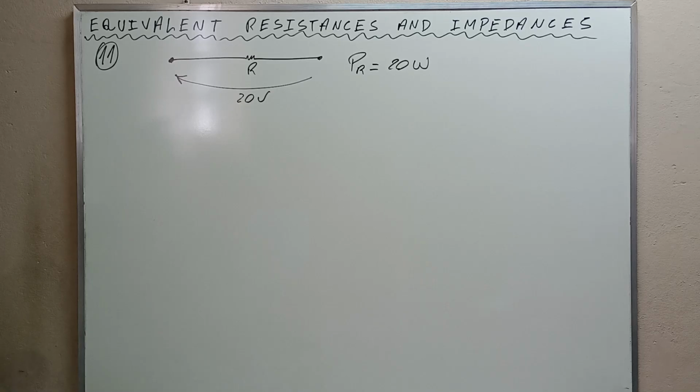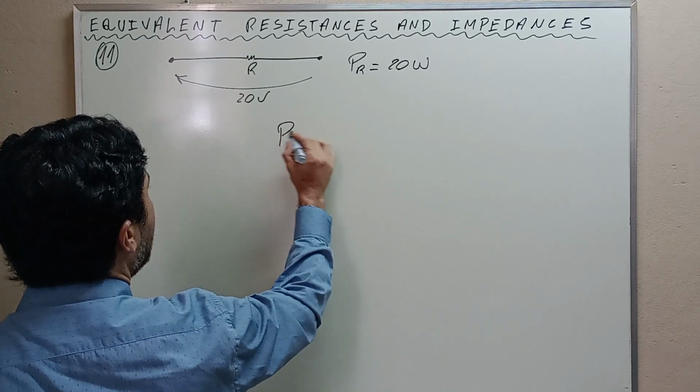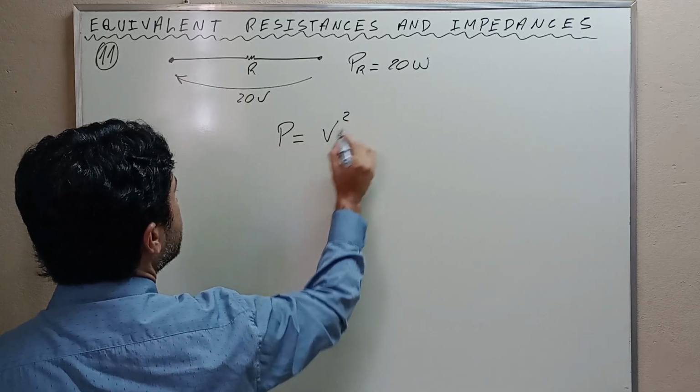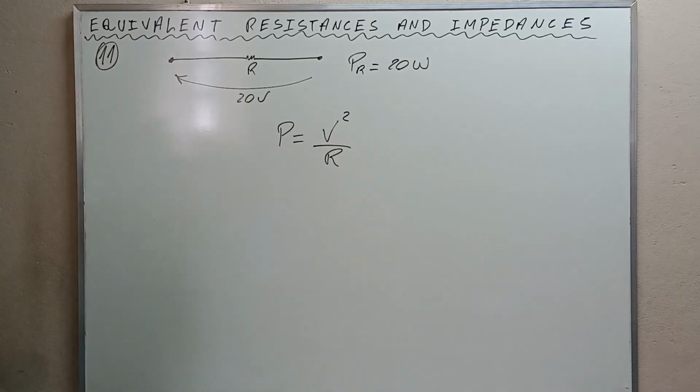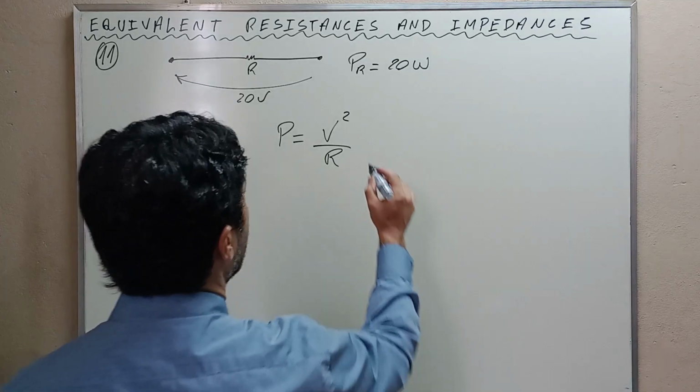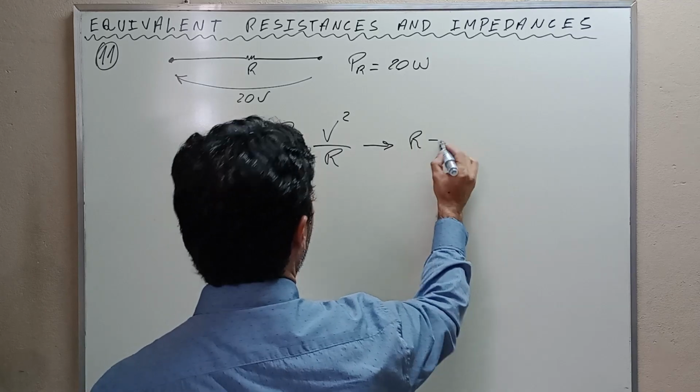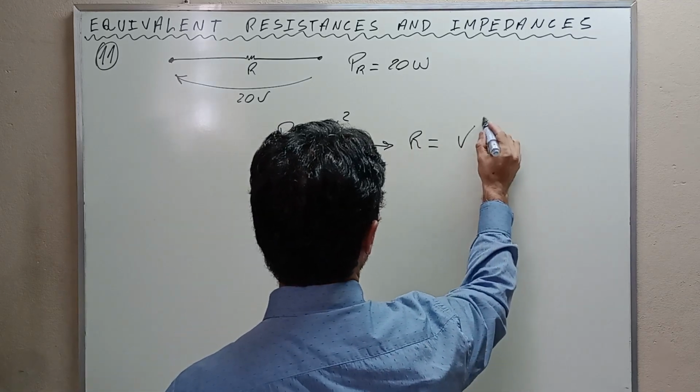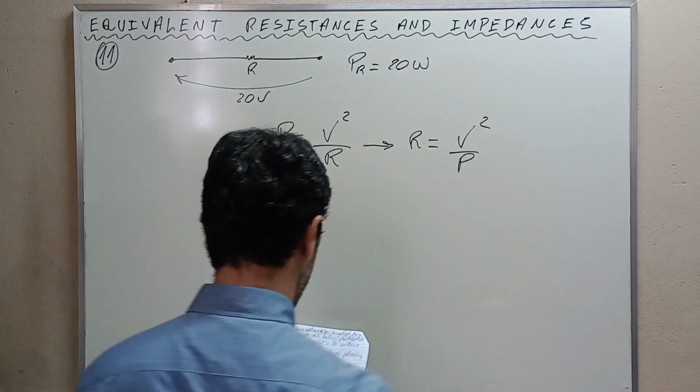Nevertheless, for any resistor, we know that power is equal to V squared divided by R. This expression can be used to calculate the resistance. R is equal to V squared divided by P.